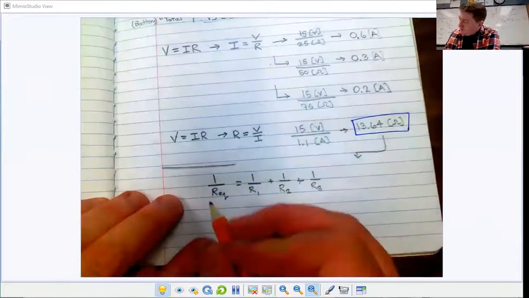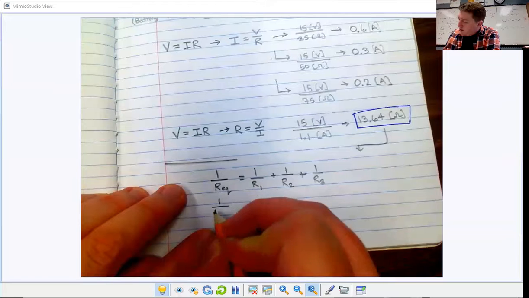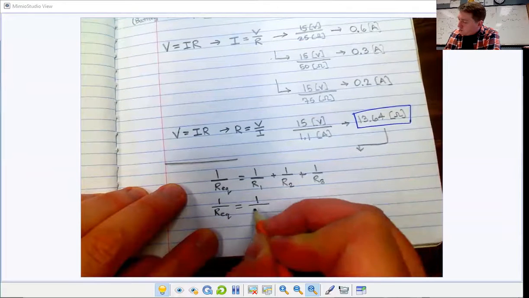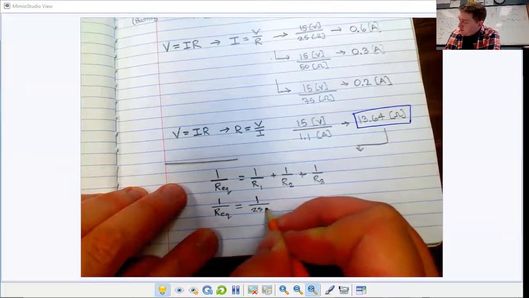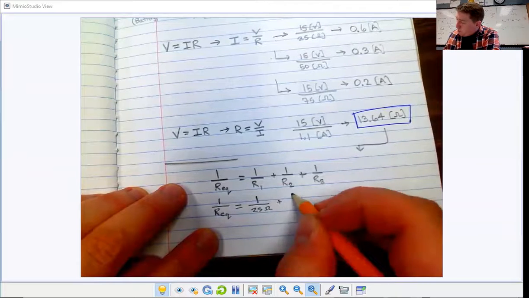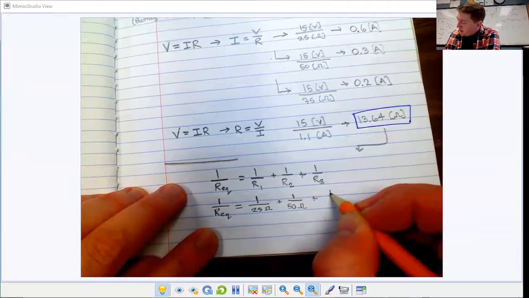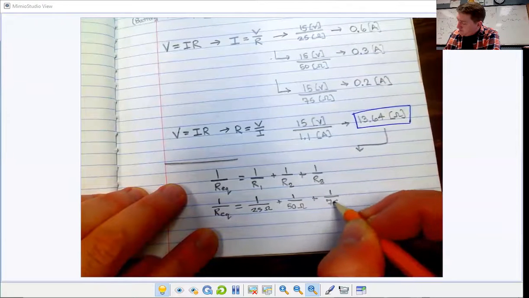Plugging that in, I'm going to have 1 over Req equals 1 over 25 ohms, 1 over 50 ohms, and 1 over 75 ohms.